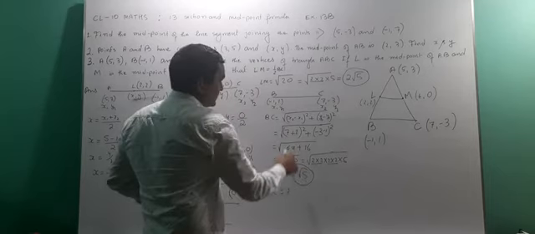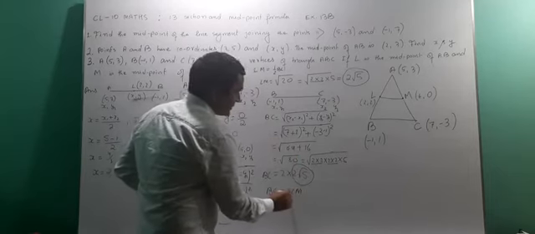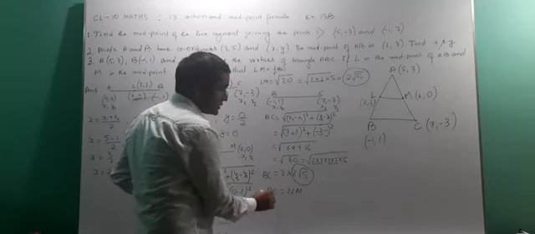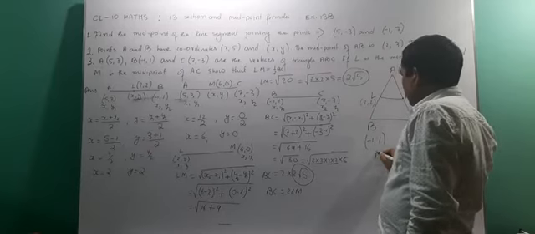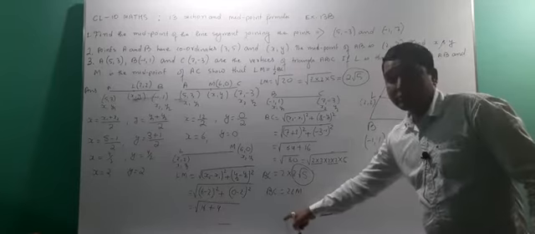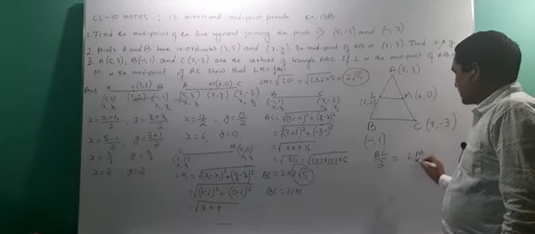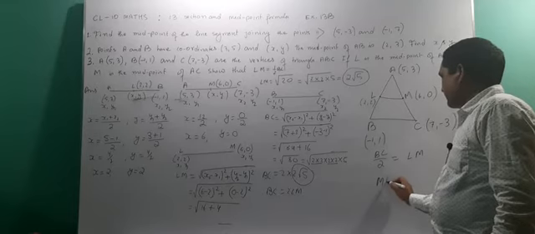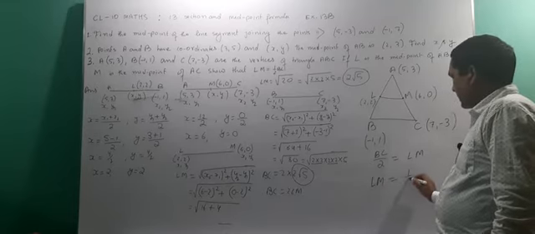Then the multiplying number always goes down, so BC by 2 equals LM, or LM equals half of BC.